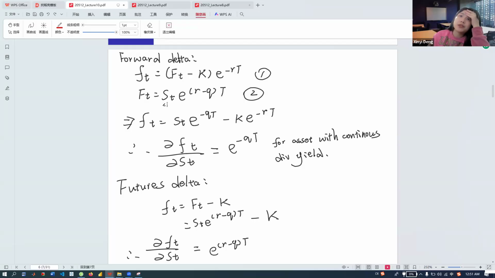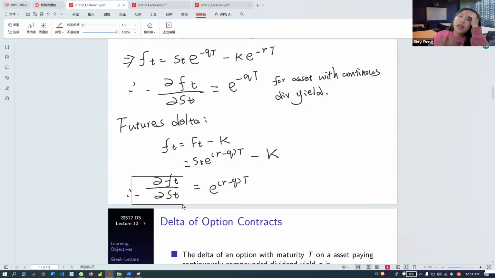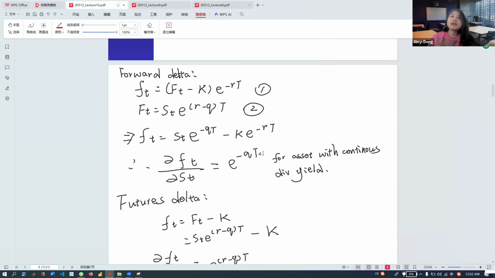If we again substitute the relationship between FT and ST back into this value, we get that small f is equal to ST times e to the power of (r minus q)T, and then subtract K. Again, only the first term contains ST. So if we take the first order derivative with respect to ST, we get that delta is equal to e to the power of (r minus q) times T. So that's how we derive those deltas.